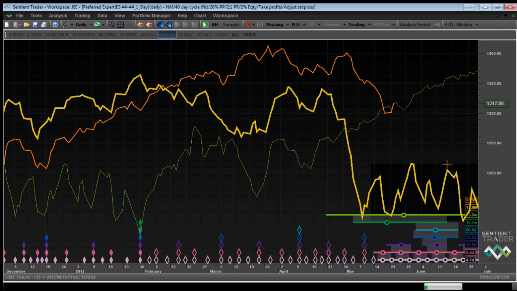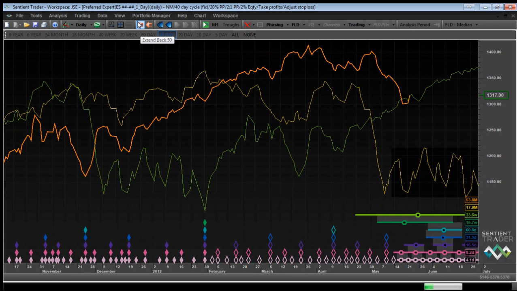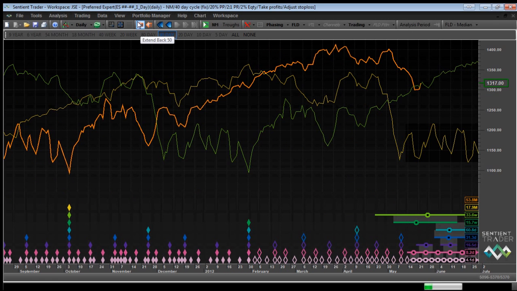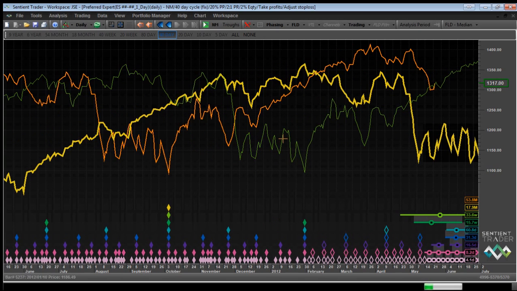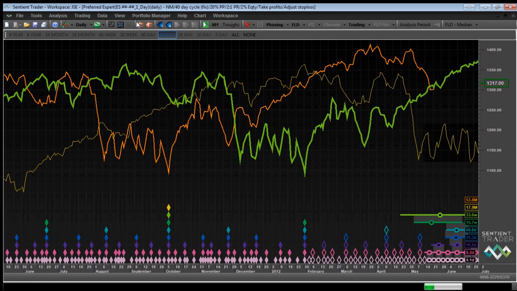Let's take a look, as John suggests, at the 18-month FLD, and there it is over there. Now, I'm going to throw in a few comments about the 18-month FLD.